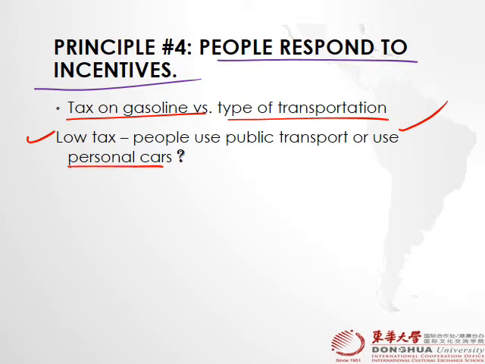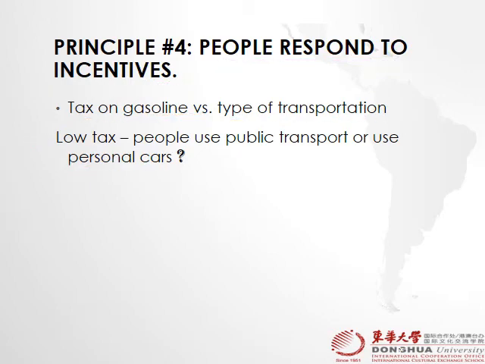It will increase the use of gasoline, and people will drive more. And what if the taxes on gasoline increase? Then the cost of traveling through personal cars rises, and people switch to public transport. So it means people respond to incentives.